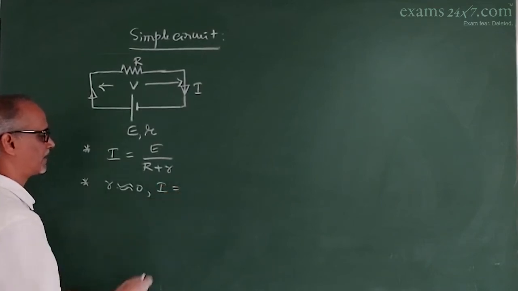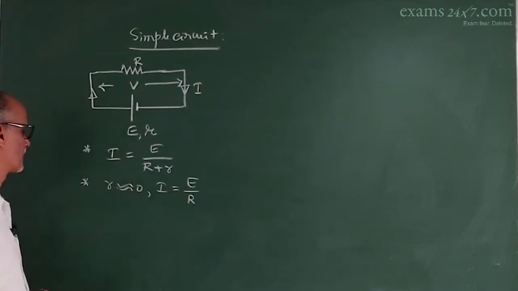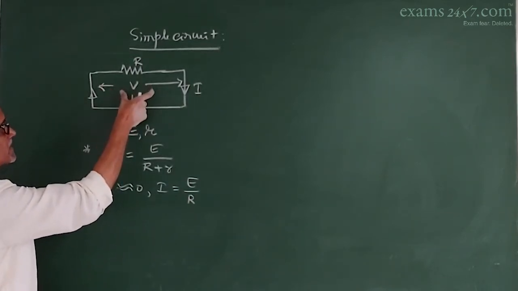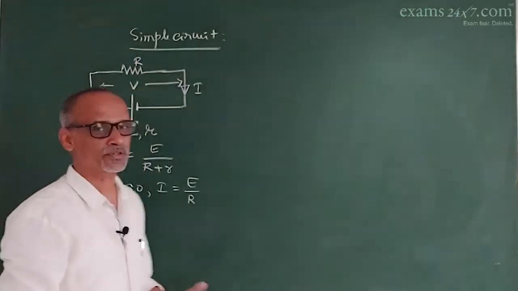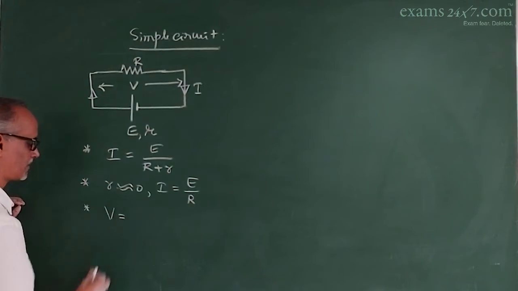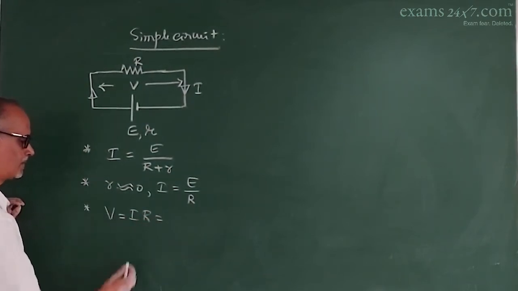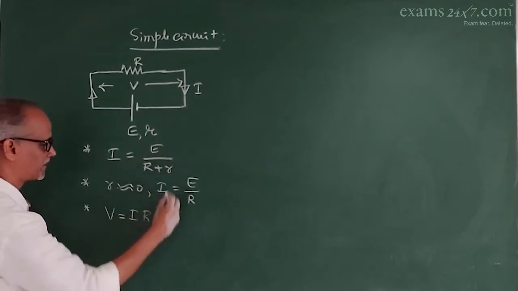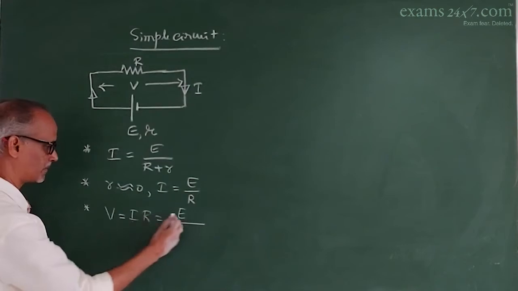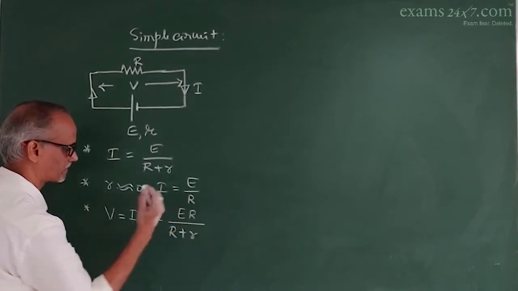In such a case, we can write I is equal to E by R. What is the potential difference across the external resistance, which is also called the terminal potential difference V? We can measure it using Ohm's law, that is, I into R. But I is nothing but E by R plus r, so we can write V is equal to E by R plus r into R.